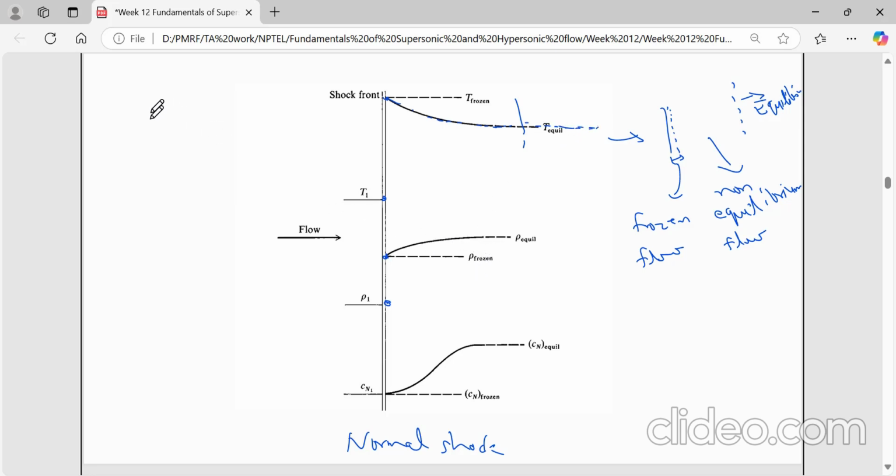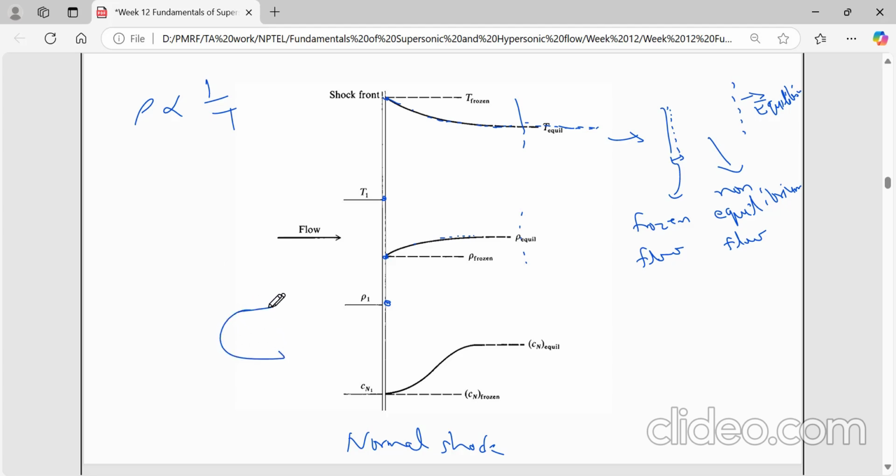Now, as rho is inversely proportional to temperature, if temperature is decreasing, then density will increase. So density will increase inside the shock layer, and it will increase till we attain the equilibrium. Now, as the density has increased, this similar thing will happen for the bow shock also.